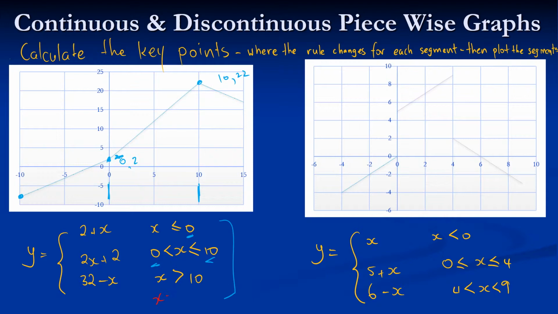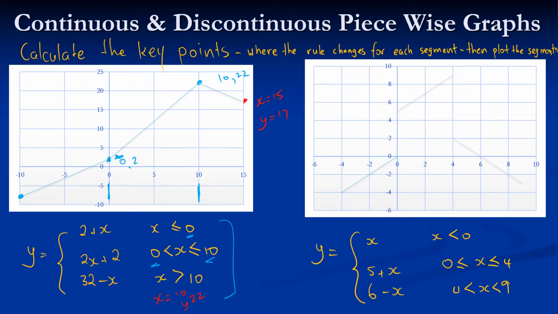So we've got x equaling 10, y equaling 22. Then just find another point. Well, on this graph, it's going to finish at 15. So 32 take 15 is 17, and that should be here. So x equals 15 on this point, and y would then equal, I think we said, 17.